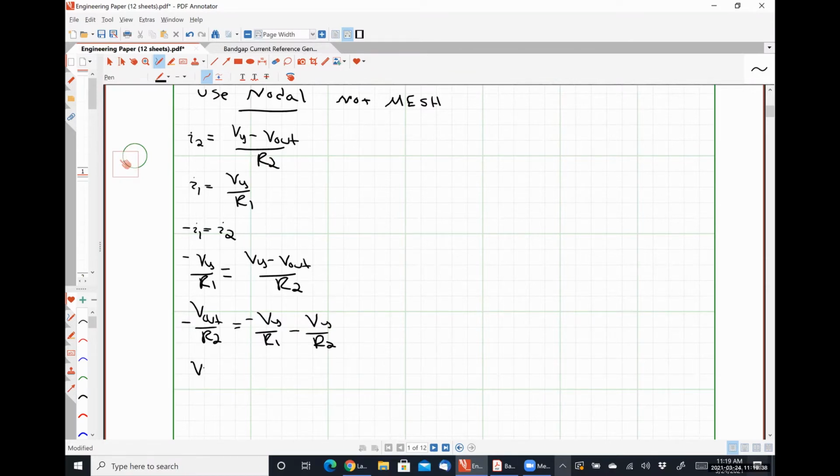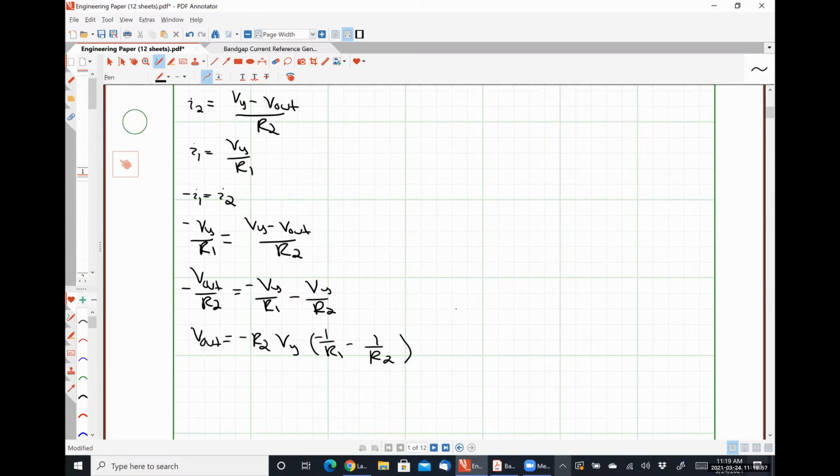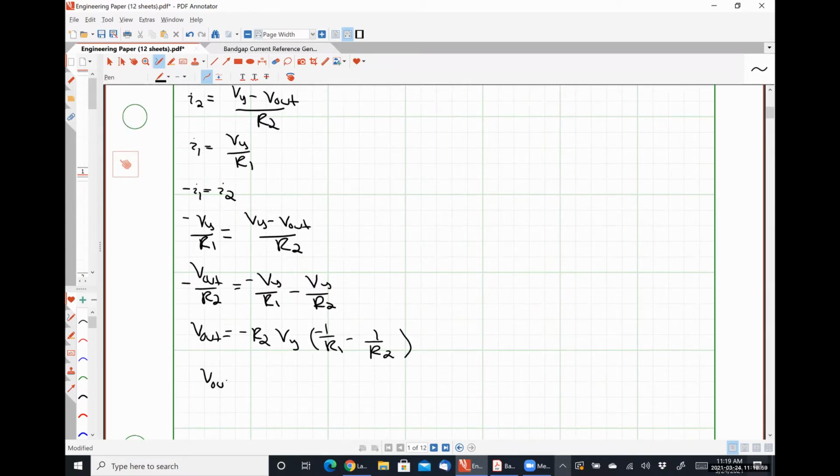And so we get V out equals negative R2 VY times negative 1 over R1 minus 1 over R2. And so if we multiply through by R2, we get V out equals 1 plus R2 over R1 times VY. Everybody okay with that?